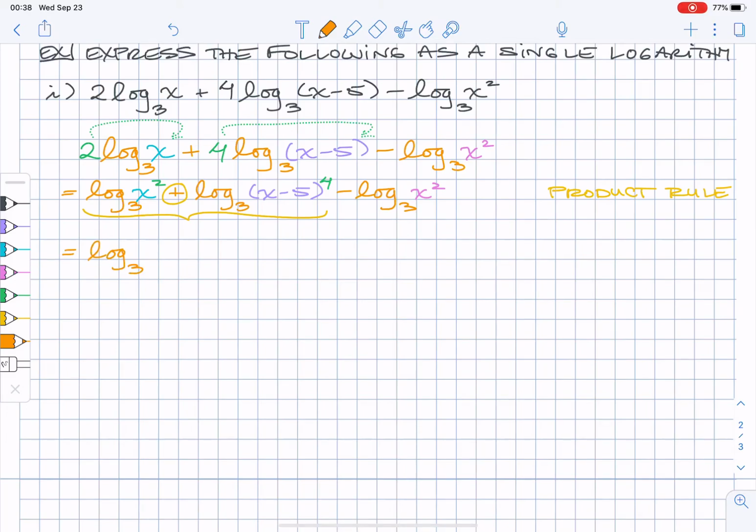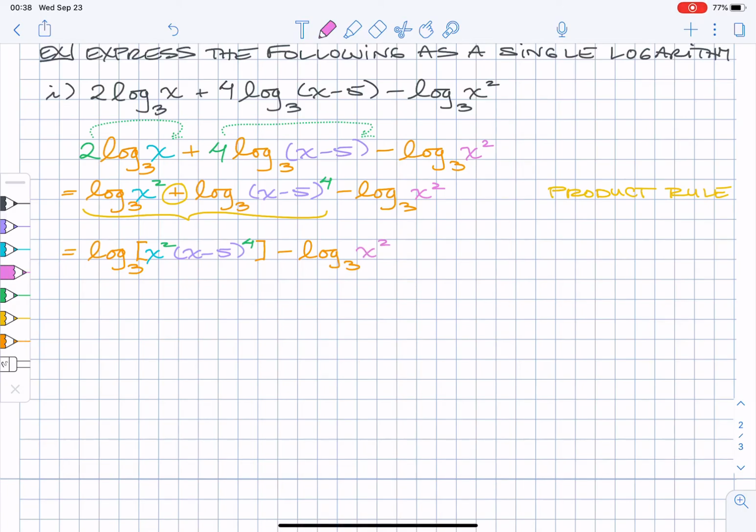Notice they're both base 3. And this is going to be x squared times the quantity x minus 5 to the 4th power, from which we're subtracting log base 3 of x squared.